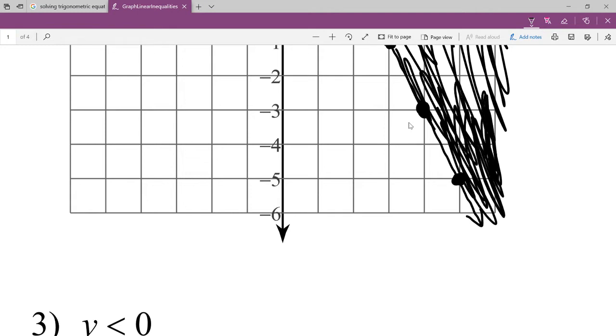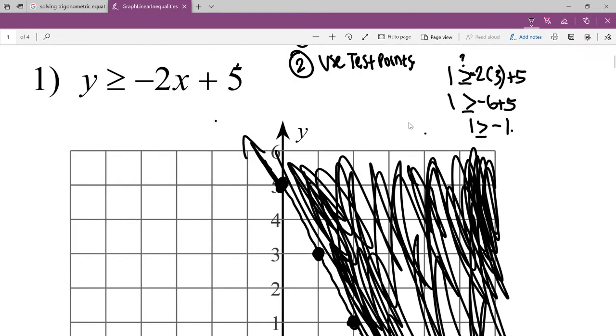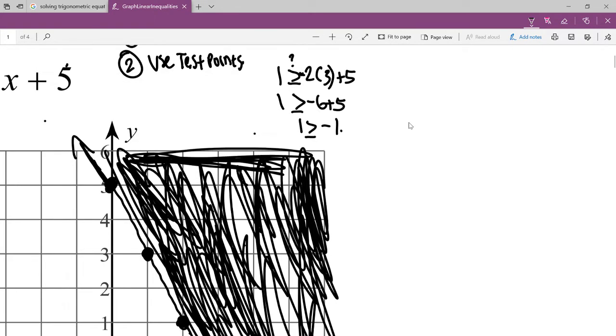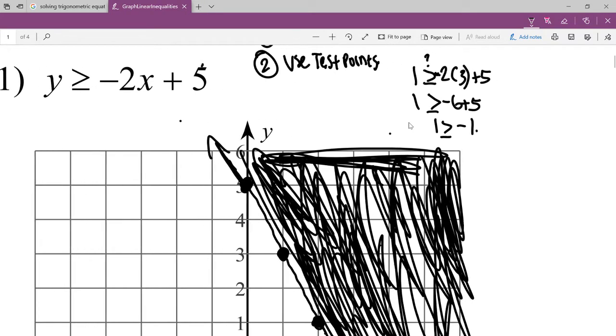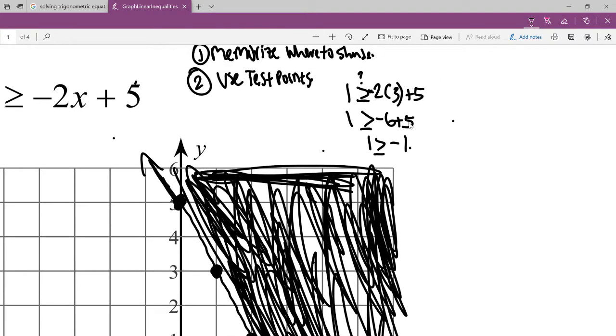So that's how you do it. And they shade it because of the difference between equations and inequalities. When you have an equation like negative 2x plus 5, you can't say that 1 equals negative 2 times 3 plus 5, because that is not true.